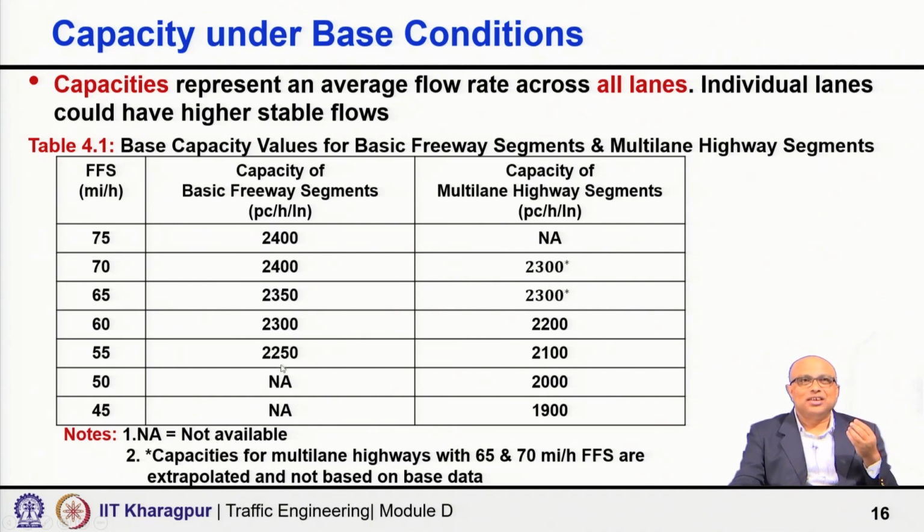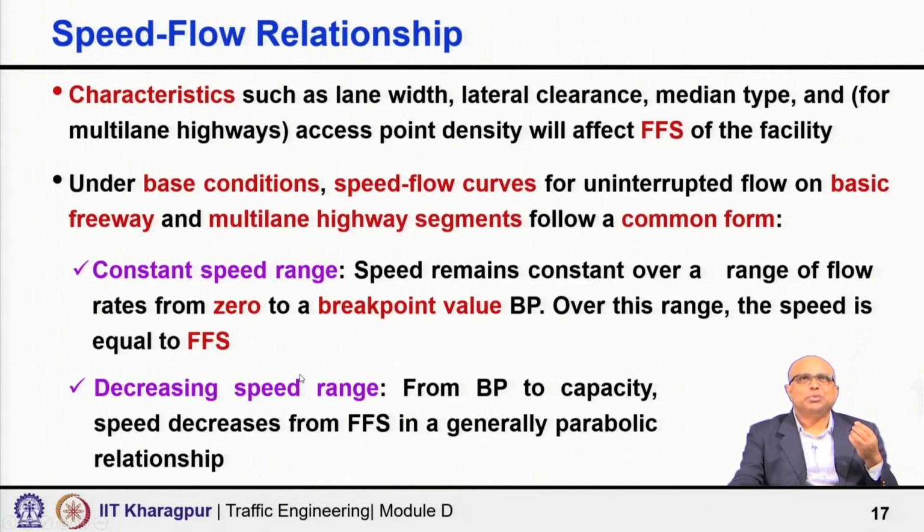So, you can see, suppose 2250 and 2100, 2300 and 2200, and these two values are actually extrapolated and not based on the actual data. Similarly, a free flow speed on basic freeway less than 50 or even 45 miles per hour could not be observed. So, these data are not available.